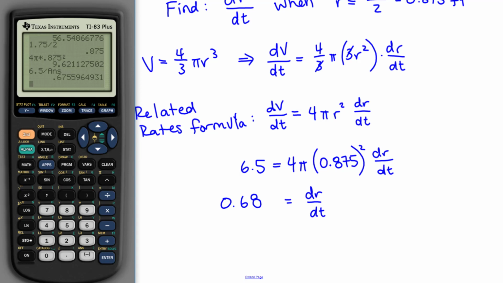So time is still measured in minutes, but the length is just measured in feet in this case. So this is going to be 0.68 feet per minute. And that is my dr dt.